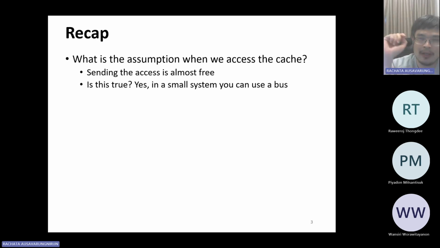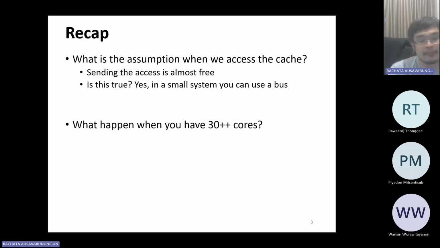Is this true? In a small system, yes, you have a bus that connects one CPU to a cache. Now, let's imagine you have 30 cores or more, which nowadays is something you look forward to in 5 or 10 years. Even now, if you buy a data center chip, it will have multiple cores, up to 20 or 60, in one package.